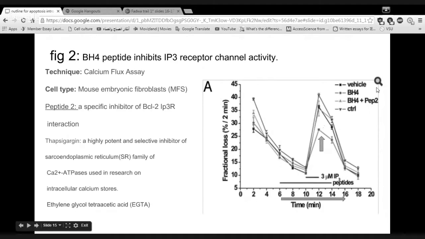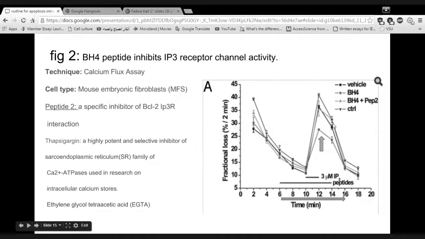Different components were loaded in thapsigargin, which is a selective inhibitor of the sarcoendoplasmic reticulum calcium ATPase, and then flushed through with ethylene glycol tetraacetic acid. Calcium was released from the IP3 receptor, and they found that when BH4 was flushed by itself, there was greater inhibition over time, so it doesn't allow calcium to be released. This data was taken per 2 minutes.